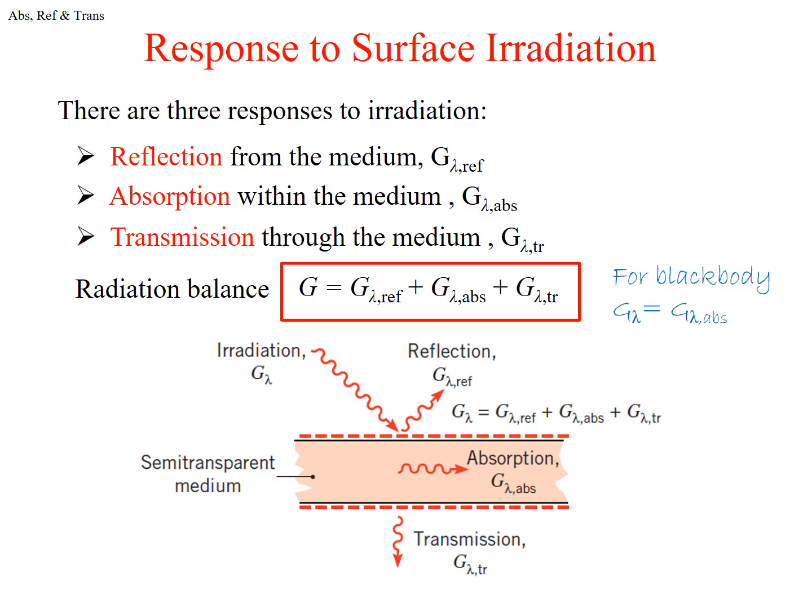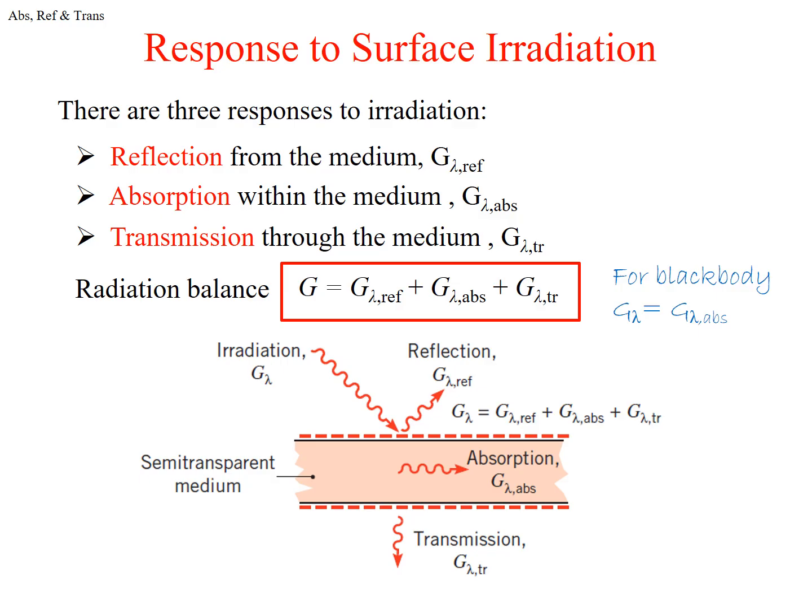If you take a look at the figure, we have, for example, G for irradiation. G at a given wavelength lambda is either reflected, that gives you G lambda REF, REF for reflection, or you could have G lambda ABS for absorption, or you could have G lambda TR for transmission. From the first law of thermodynamics, we know that energy arriving at a surface has to go different ways, but it can't get destroyed.